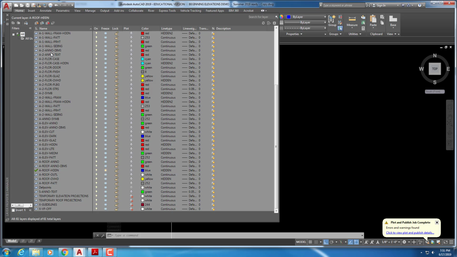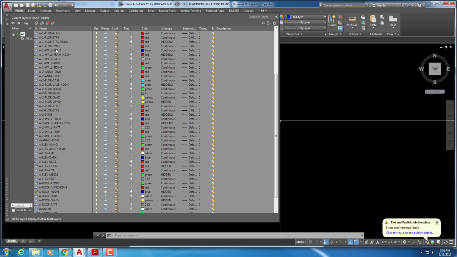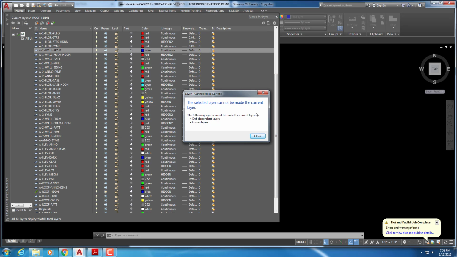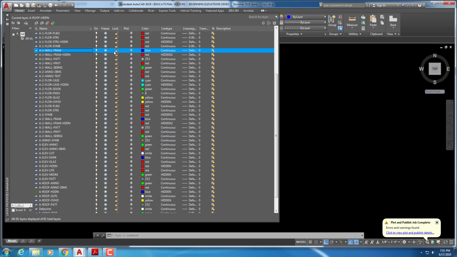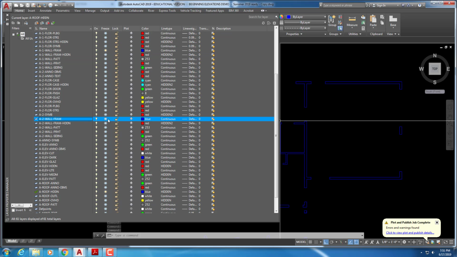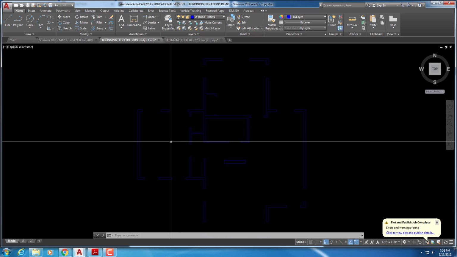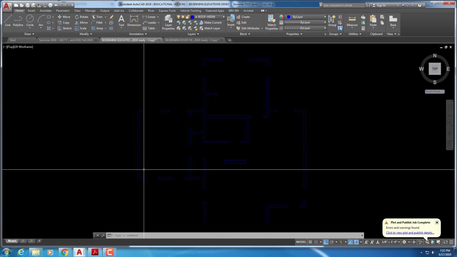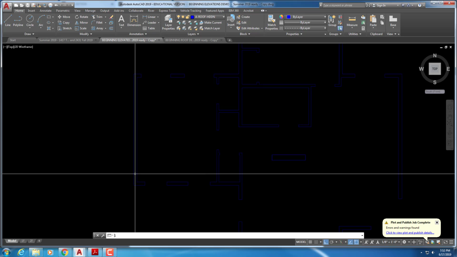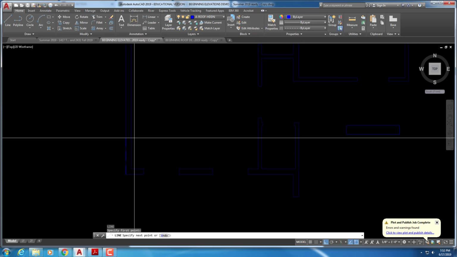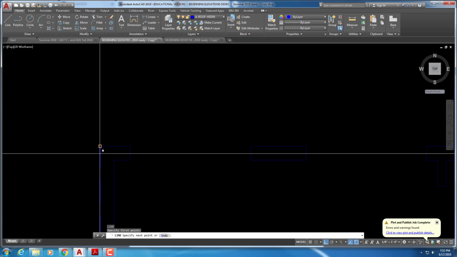But I'm going to come back to A1 wall frame, and I'm also going to lock it so I don't change it. No, let's do A2 wall frame first. It'll be easier. A2 wall frame, lock. Okay, hard to see, but basically what you want to do on A roof hidden is draw a line right over the top of the perimeter of the second floor wall there.